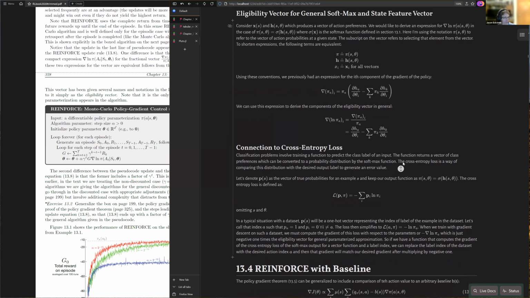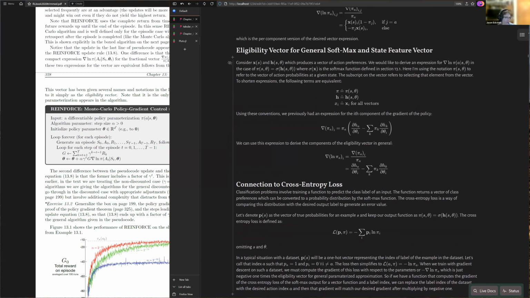And finally, I just wanted to note this connection to the cross entropy loss. So if you're doing a classification problem and you have a function, you're trying to predict a class label. So let's say your function returns the same sort of preference vector. So we have n classes. Our function returns preferences over the classes.